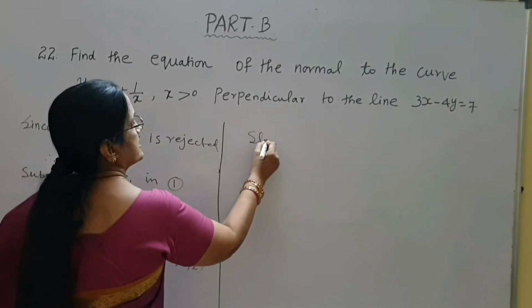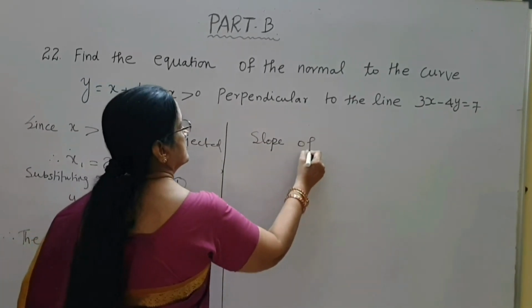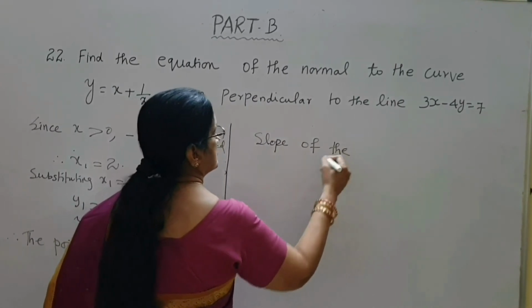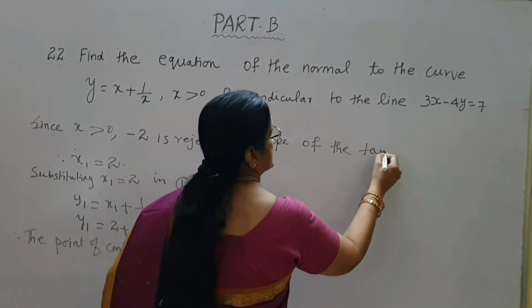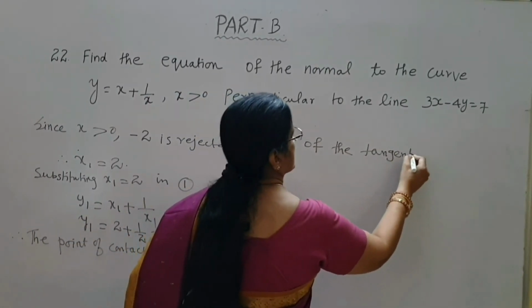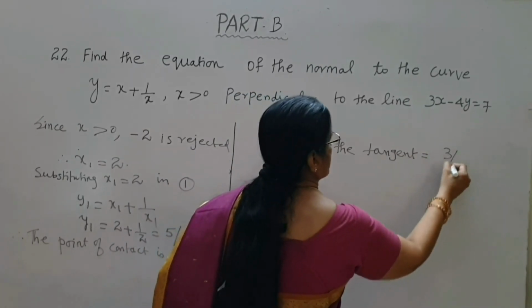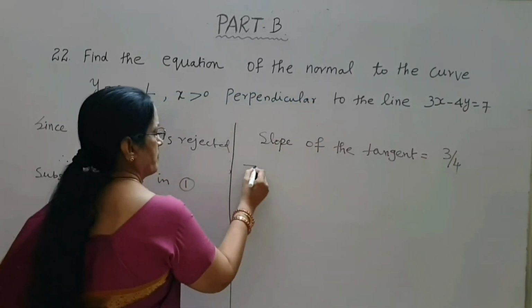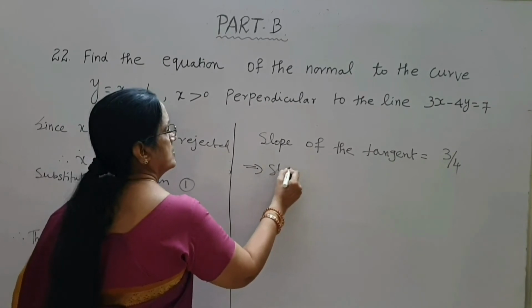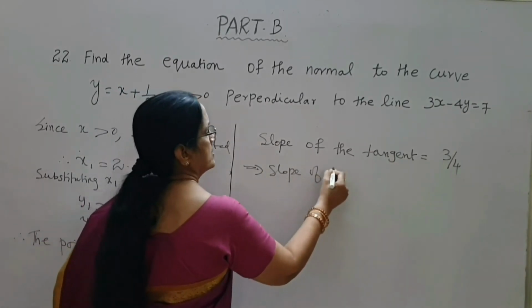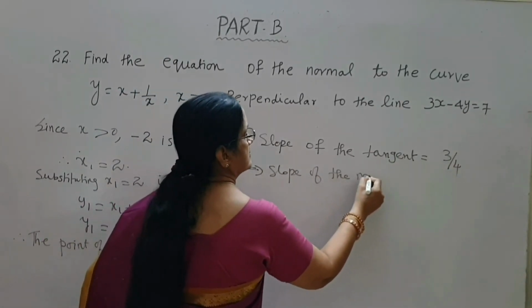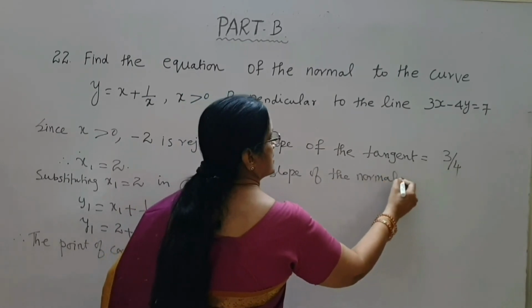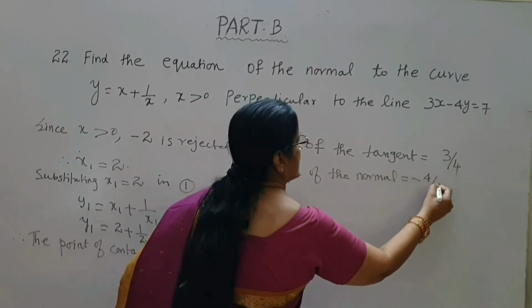Slope of the tangent we got it as 3 by 4, implies slope of the normal is going to be minus 4 by 3.